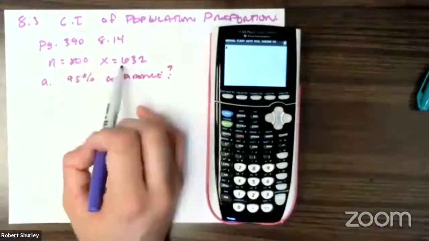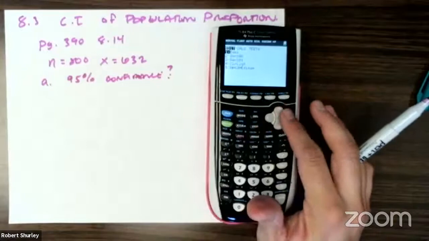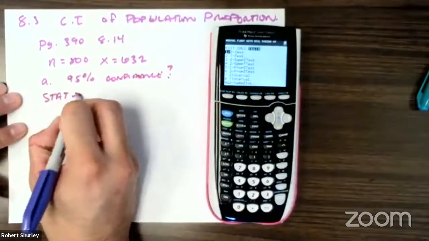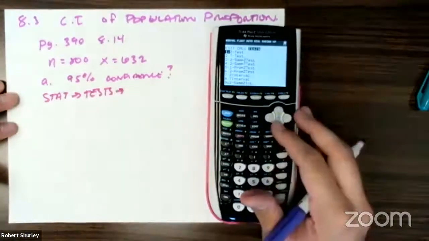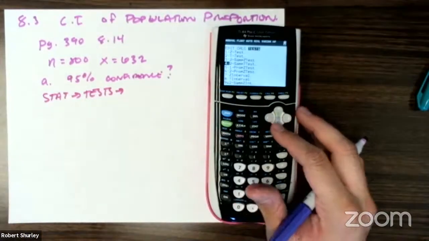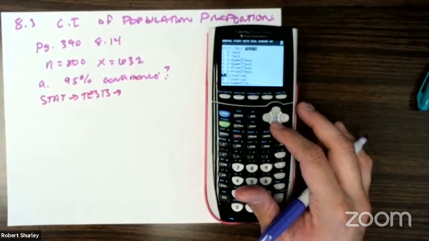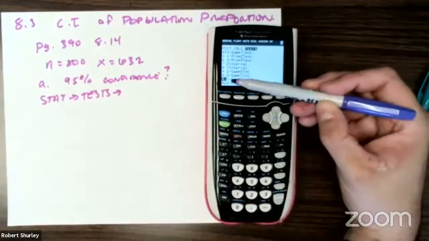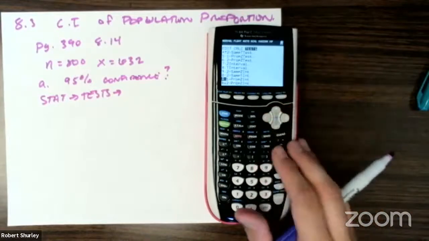Again, we don't have a data set, so it's just stats. If you go to stat tests, you're going to see one proportion interval. This is the one proportion Z interval.